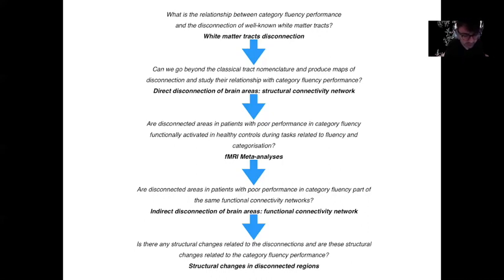This is apoptosis. And this reduces the cortical thickness in the regions that are disconnected. Finally, this reduced cortical thickness in the regions that are disconnected leads to a reduced performance in category fluency.